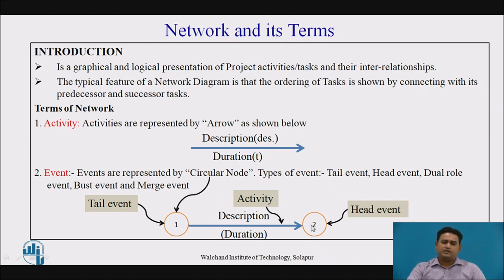Here 1 and 2 are circular nodes which are the events of the activity. The node at the tail of the activity is known as a tail event, and 2 is the event at the head of the arrow, so it is a head event.